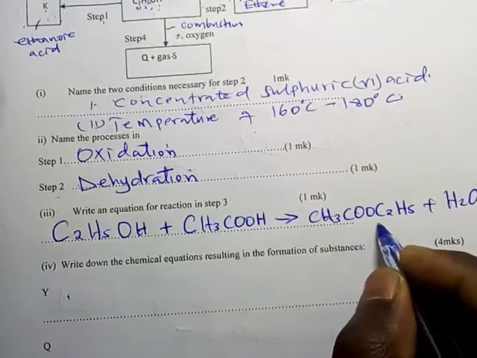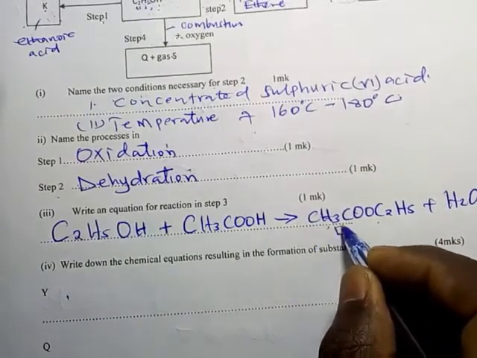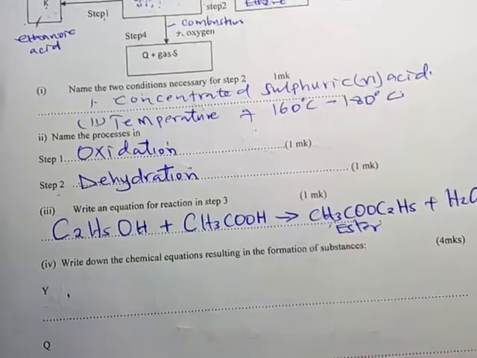This one is called ethyl ethanoate, and it is an ester. This is an ester, and the process is esterification.